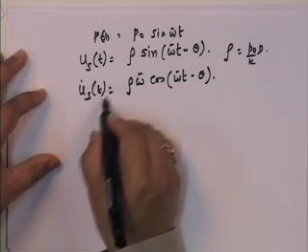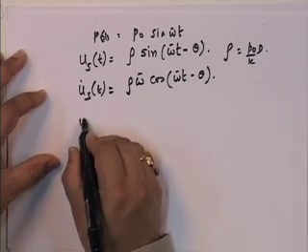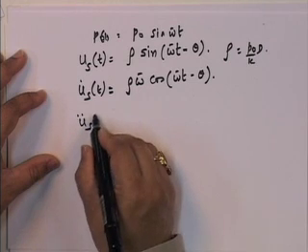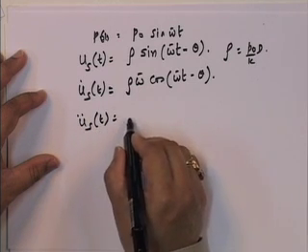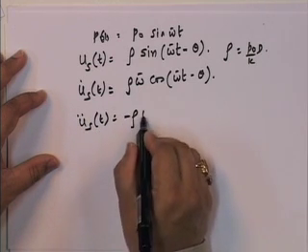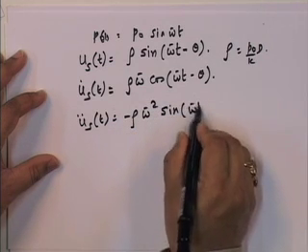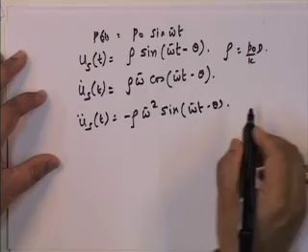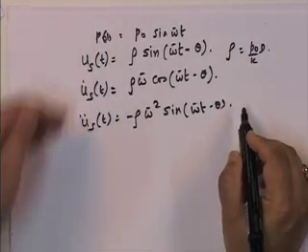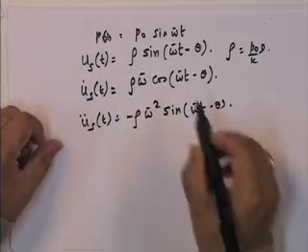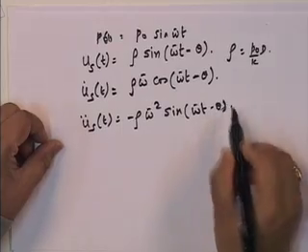And u double dot is equal to minus rho omega squared sine omega bar t minus theta. You can see it very clearly.